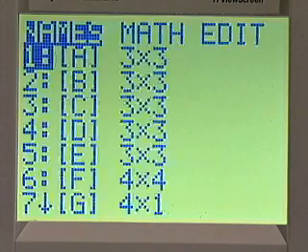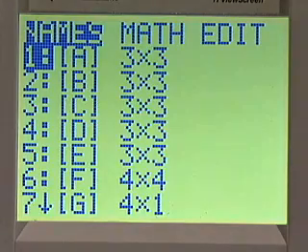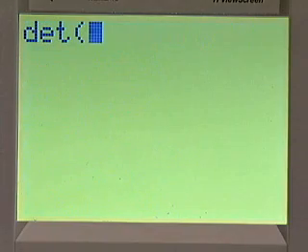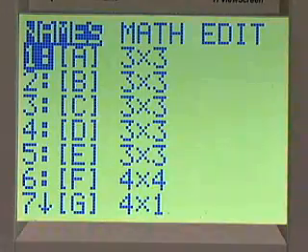We can find the determinant of a matrix by pushing matrix and then math, and you see the first choice is det. So we can put determinant, and then we can push matrix again, and we want our numerator value to be B, because that's our D sub x.